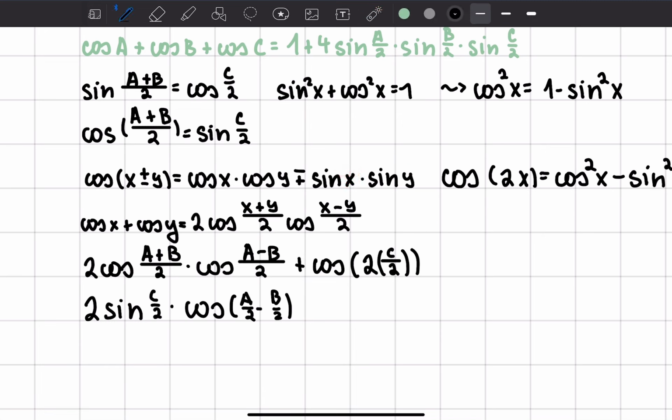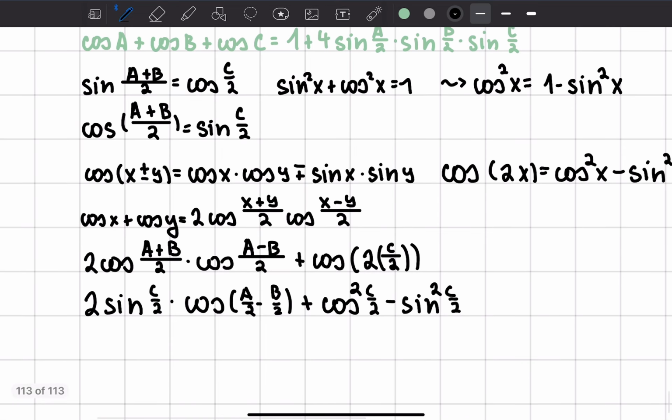I'm going to show it to you. So cosine of c divided by 2 raised to the power of 2 minus sine of c divided by 2 raised to the power of 2. I hope that you can understand that. I suppose I could show it to you one more time just to be sure.